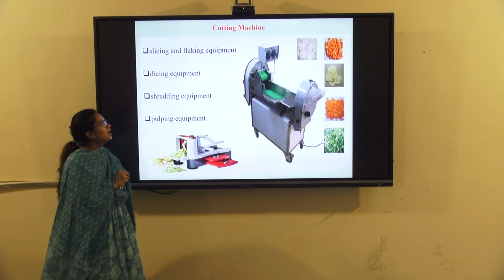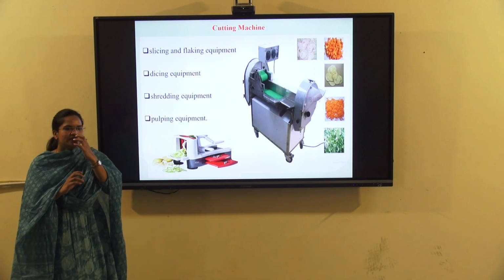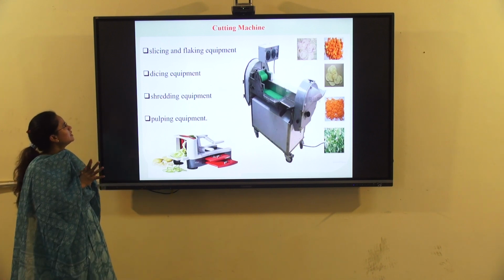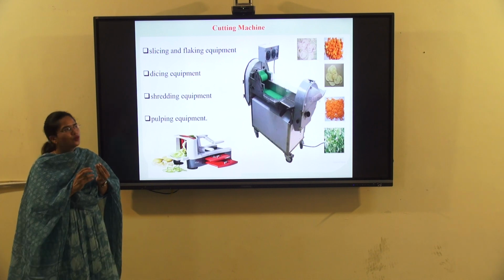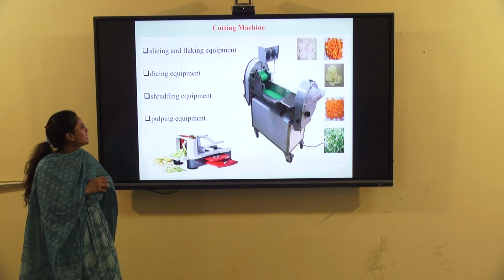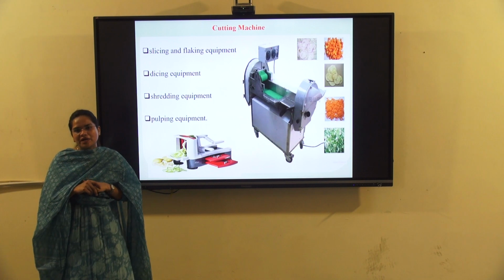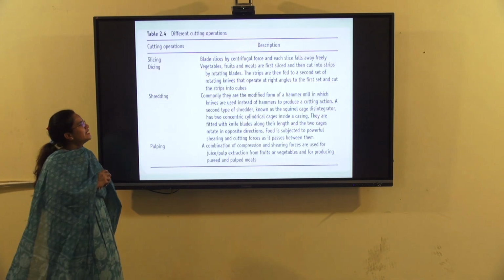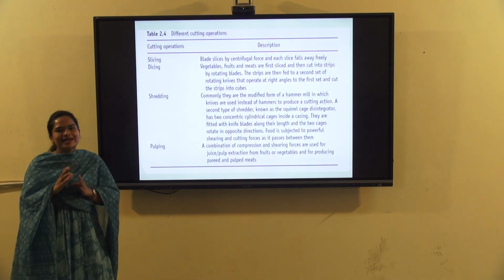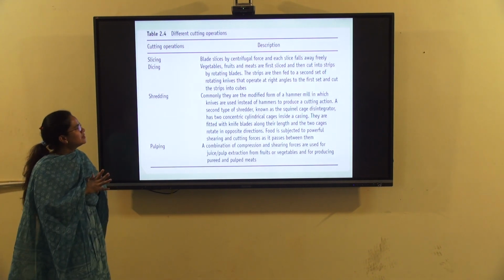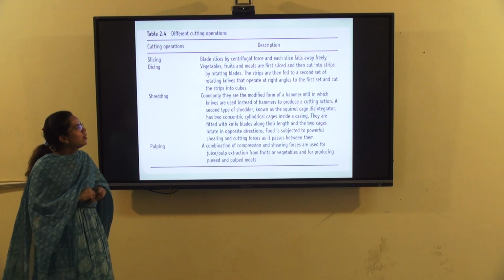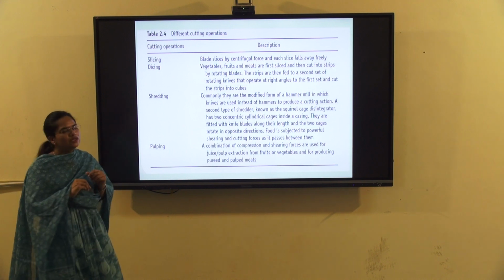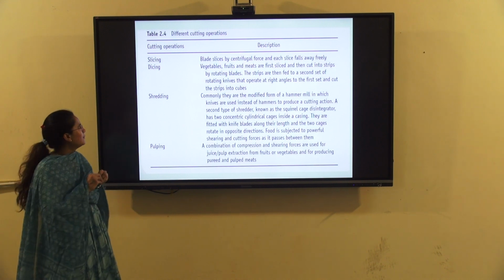Cutting machines mainly include slicing and flaking equipment, dicing equipment, threading equipment and pulping equipment. Slicing means slices are cut using centrifugal force or slicing blades, with different cutters or blades.